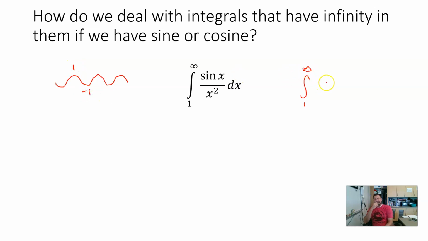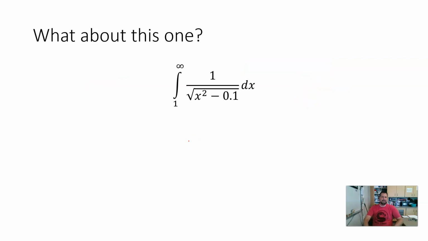So if I think about this, if I put 1 over x squared, regardless of what it's actually going to add up to, I know that this is convergent, which means these values will always be larger than the values here, because if I put a decimal number on top, it's going to be smaller than 1, which is going to make it smaller. So I could compare sine of x over x squared to 1 over x squared, and I would know that that is going to be a convergent integral as well.